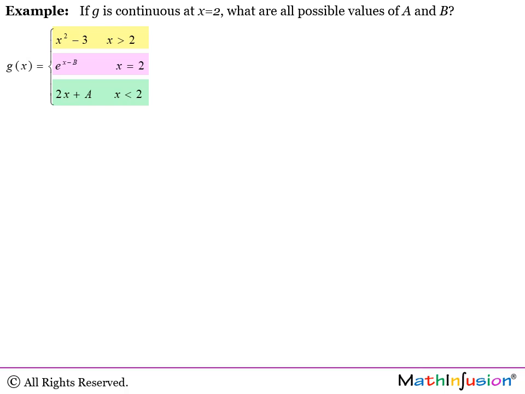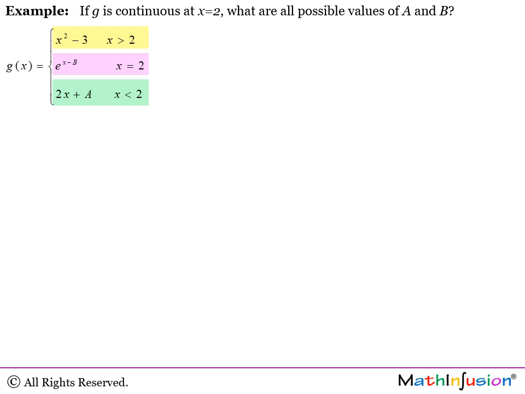Here, I am telling you that g is continuous at x equals 2, and we have to find the proper a and b to make it such. So the question now is not, is this function continuous? The question is, how can you make this continuous? By choosing the right values for a and b.